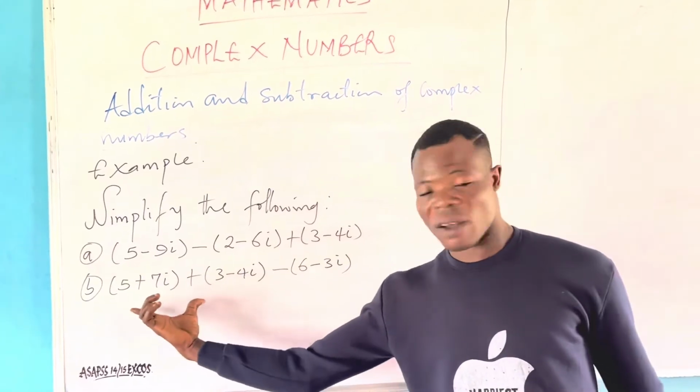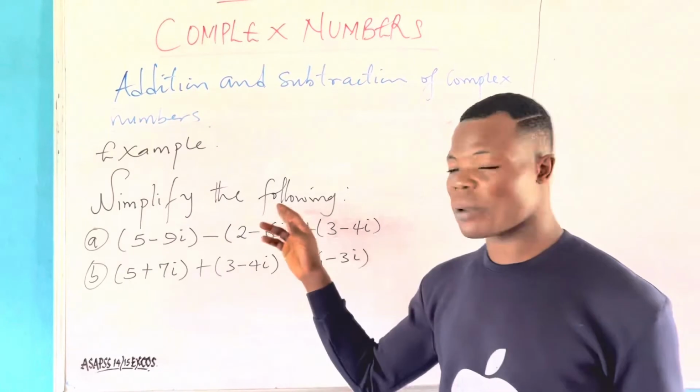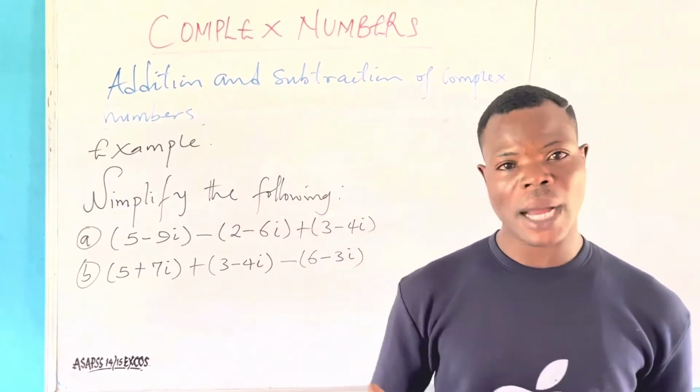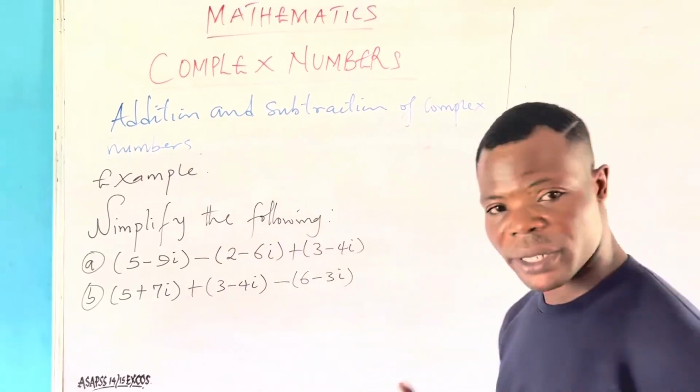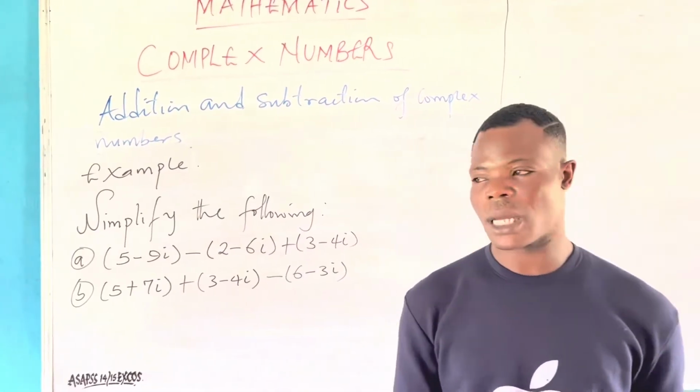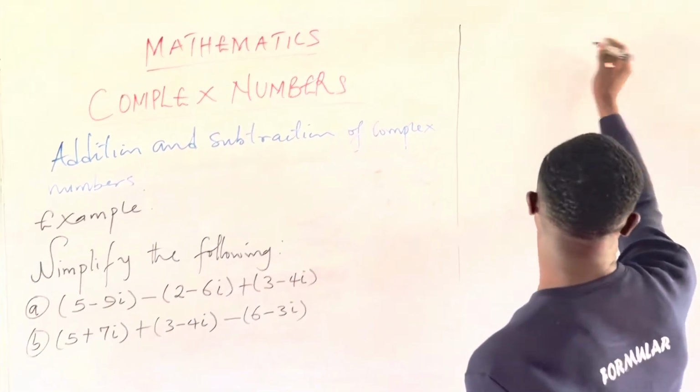So we have two questions before us which we want to attend to now. We have to simplify. So this is normal addition and subtraction of complex numbers. It's very simple. It's still the same thing as the way we are operating with real numbers. So let's solve this question.